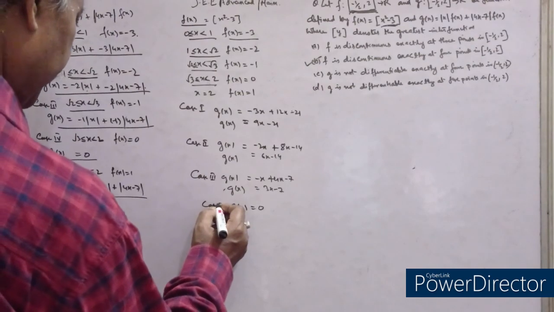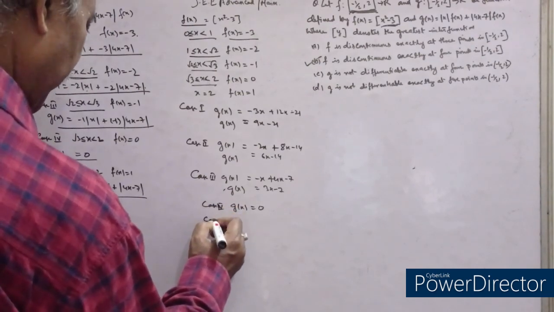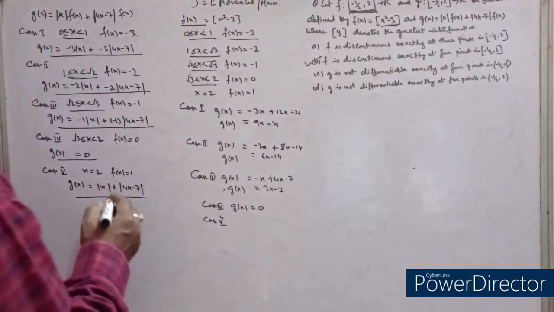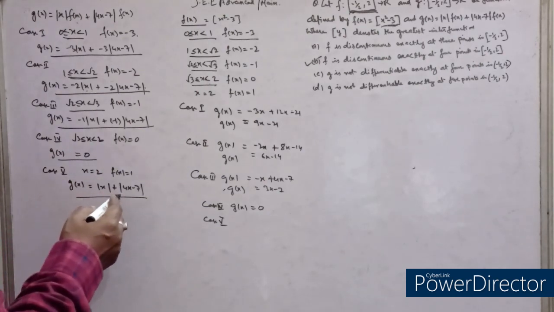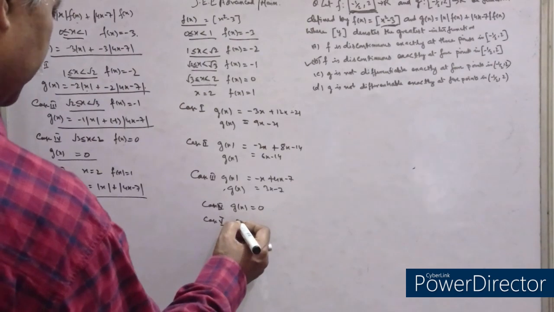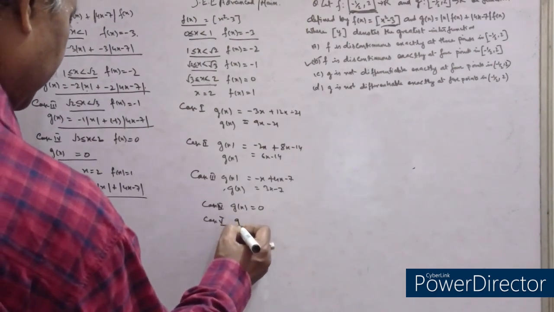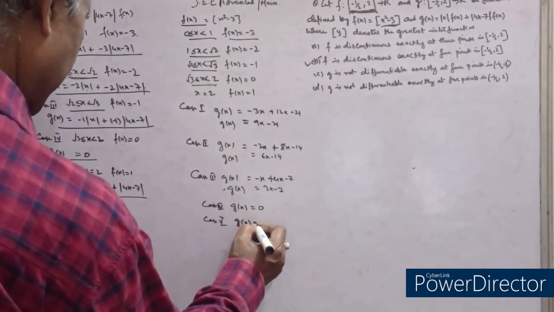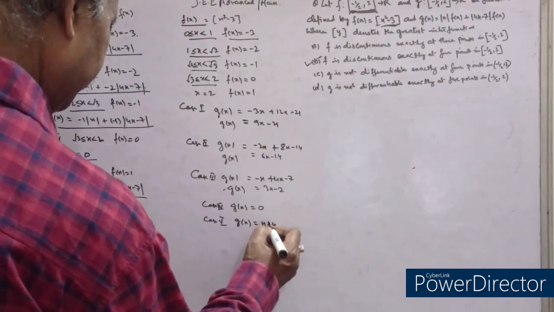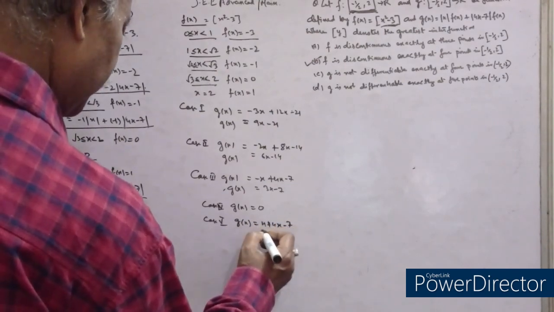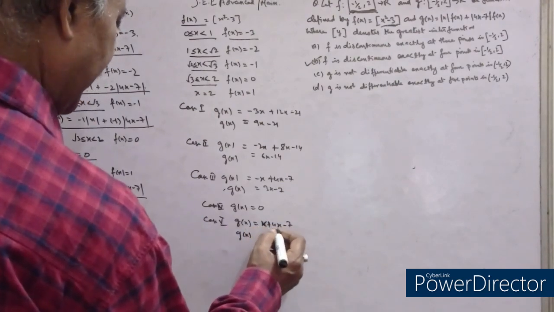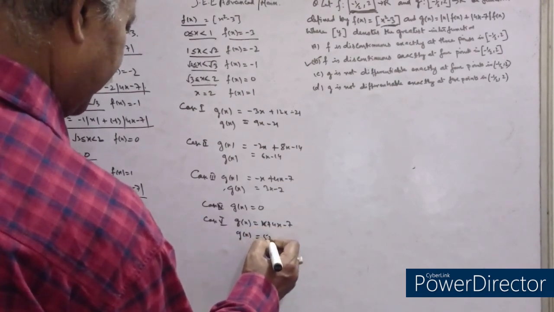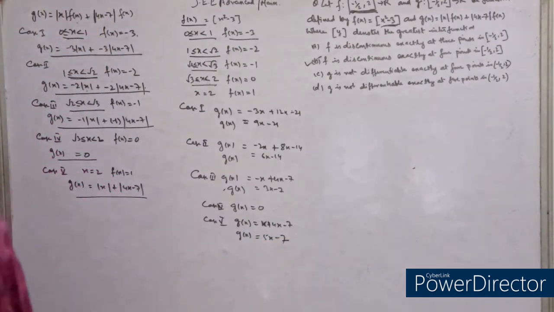This is case 4. And in case 5, you find that this is positive and this will be also positive, so g(x) will be equal to x plus 4x minus 7. So this g(x) will be equal to 4x plus x plus 4x, that will be 5x minus 7.